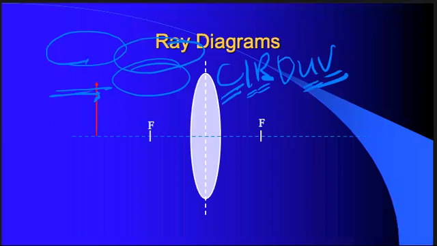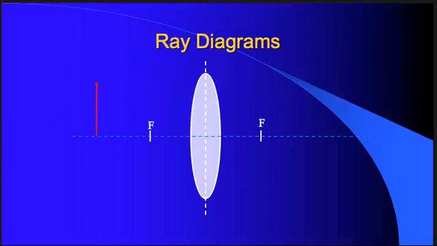This is just quick because you're familiar with this already. What type of lens do you see? Okay, it's a convex lens. So when we do the ray diagramming, one ray will pass through the vertex, the central point.